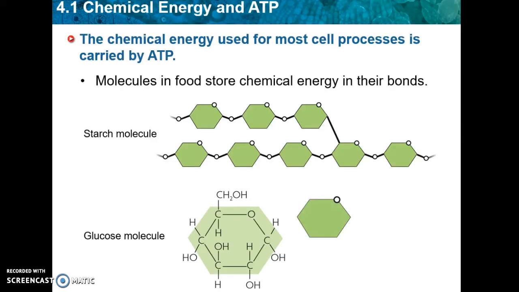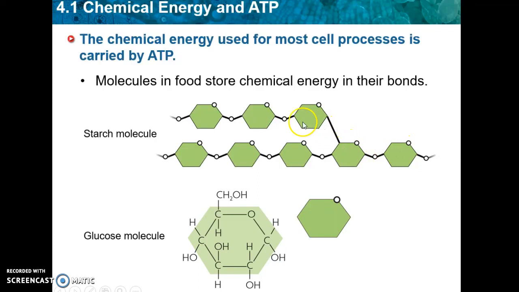So the chemical energy used for most cell processes is carried by ATP. You're going to hear this acronym a lot. It's adenosine triphosphate. Molecules in food store chemical energy in their bonds. So this top sketch that they've drawn here is supposed to be a sketch of a starch molecule, which we know is a carbohydrate.